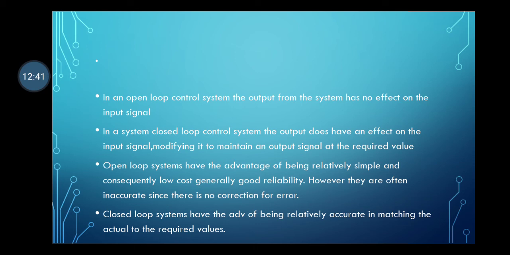However, they are often inaccurate since there is no correction for error. Closed loop systems have the advantage of being relatively accurate in matching the actual to the required values.